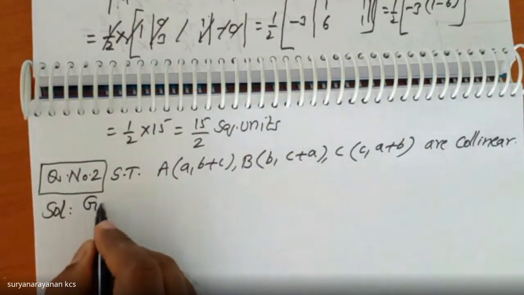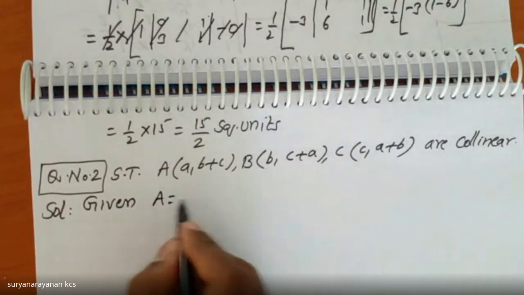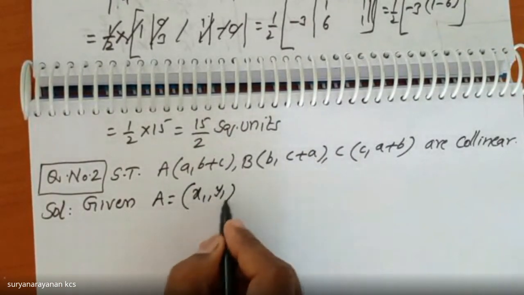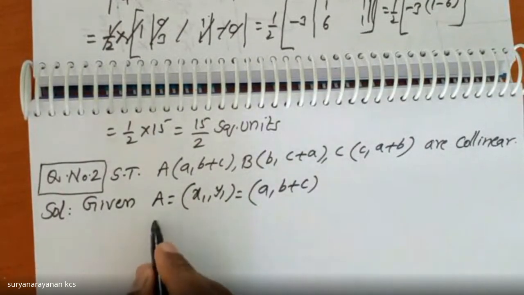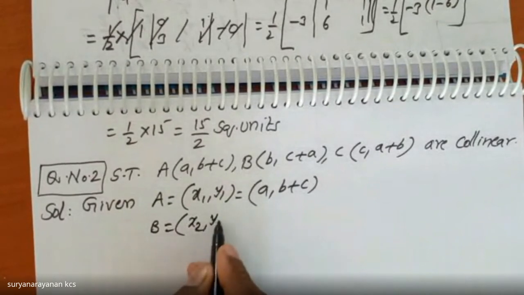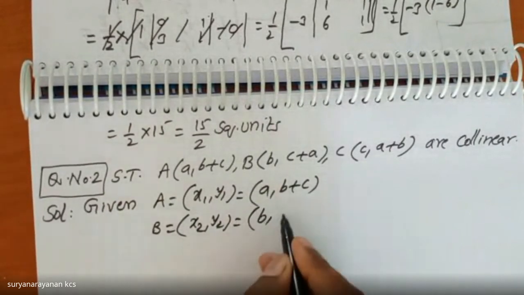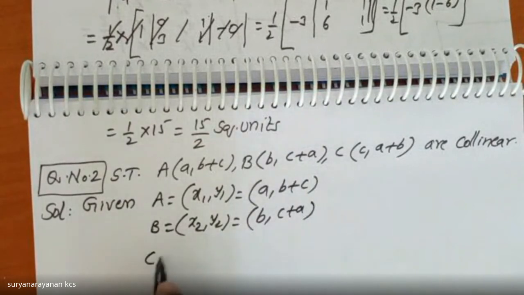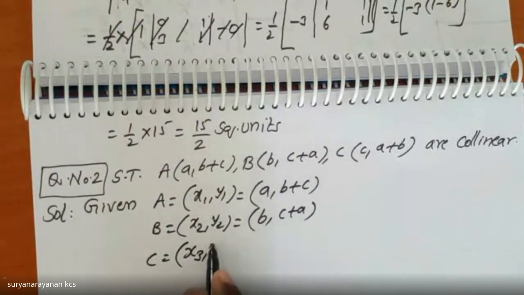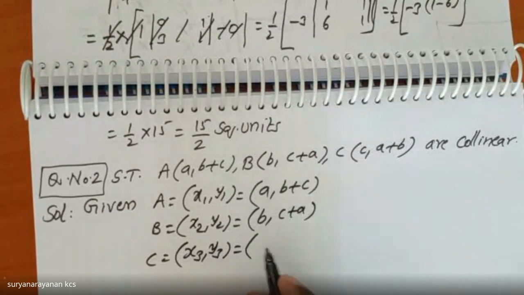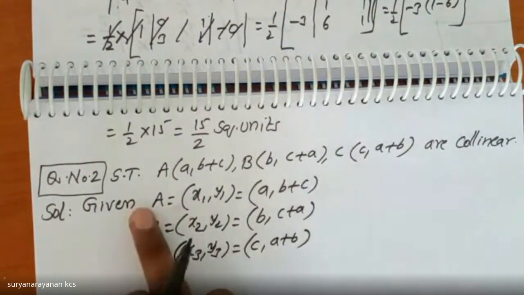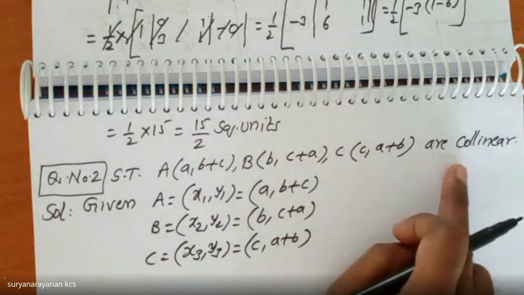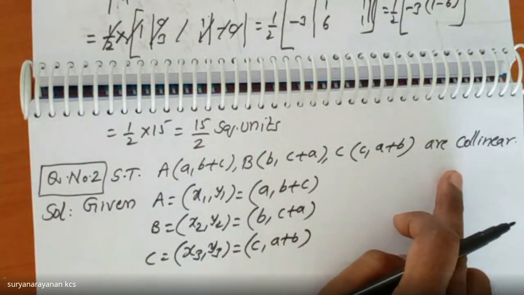Okay. Given A is (x1, y1), that is (a, b+c). B is (x2, y2), that is (b, c+a). C is (x3, y3), that is (c, a+b). You have to show that these 3 points are collinear.